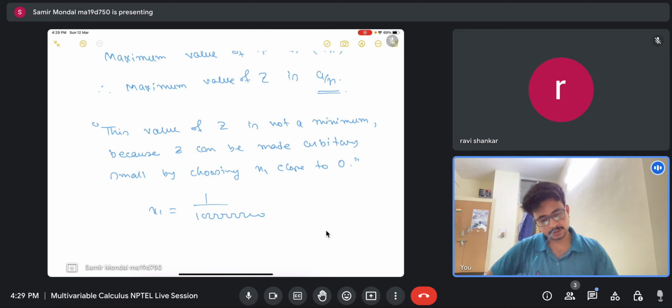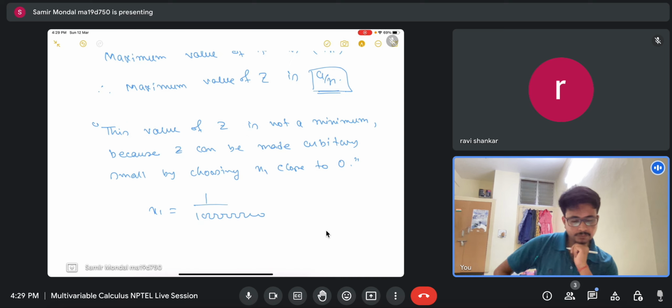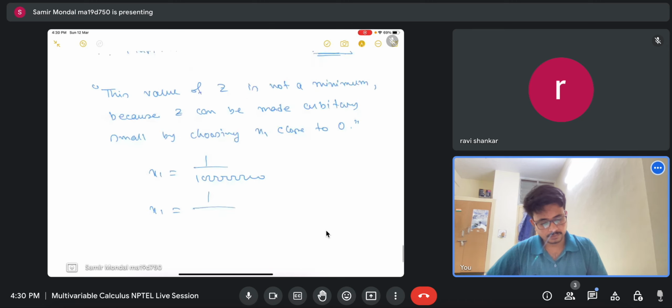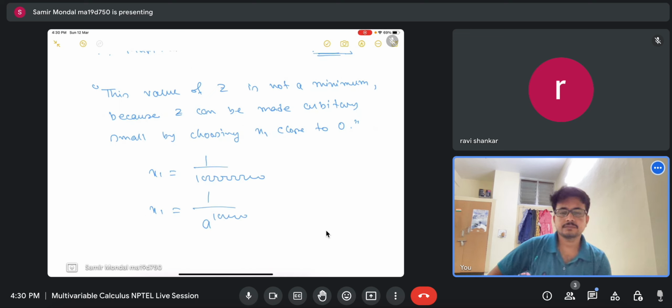Yeah, so this is your maximum value. You can take x1 like 1 by a to the power this one, then we are done, I think. Is it or not?